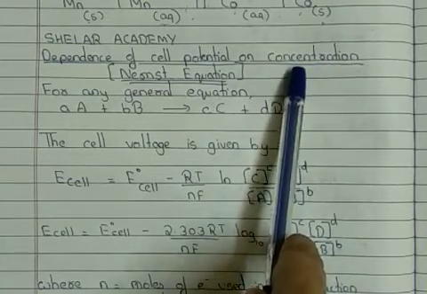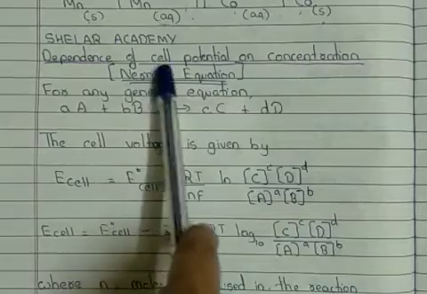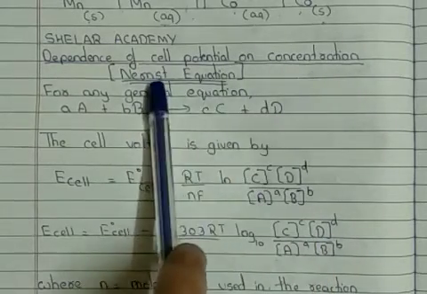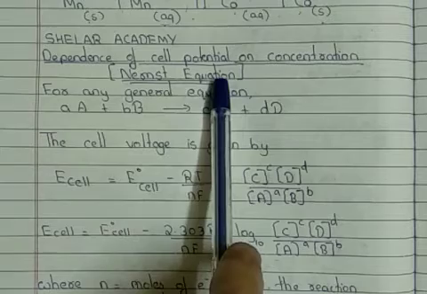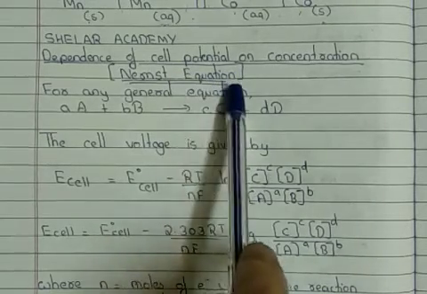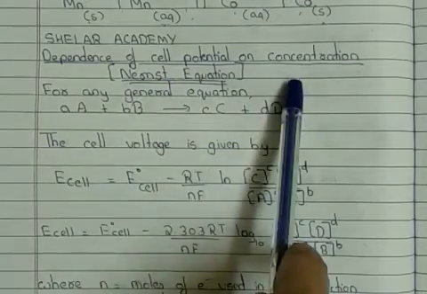Concentration of what? Concentration of electrolytes. This dependence is given by an equation called the Nernst equation. So the question can also come as: derive Nernst equation, or give a relationship of cell potential with the concentration of electrolyte.